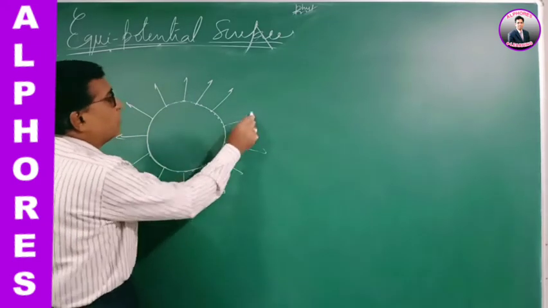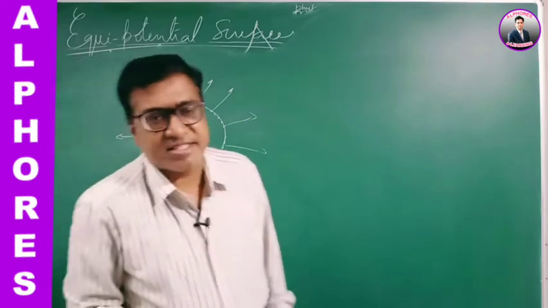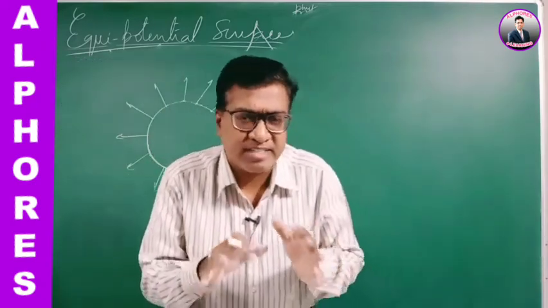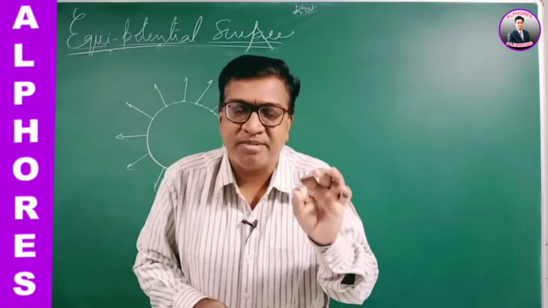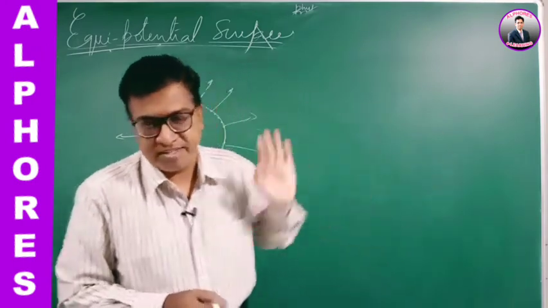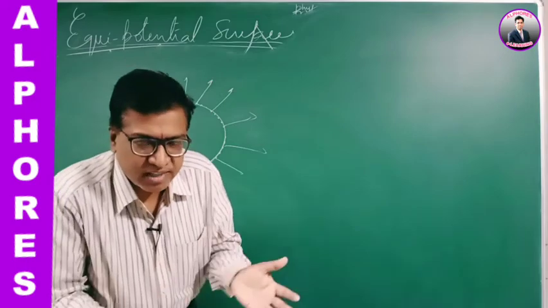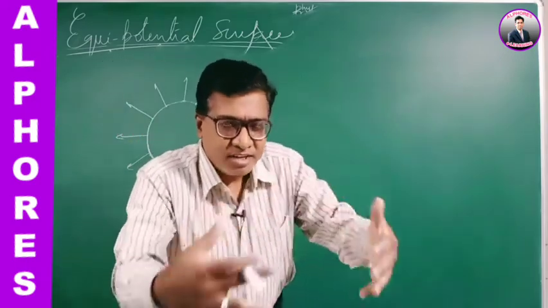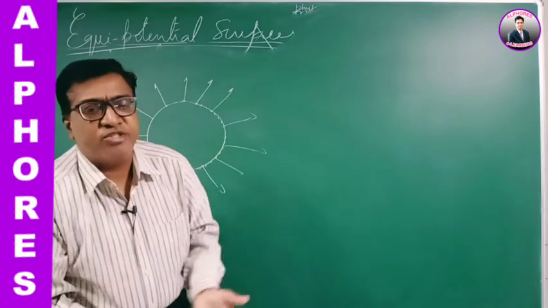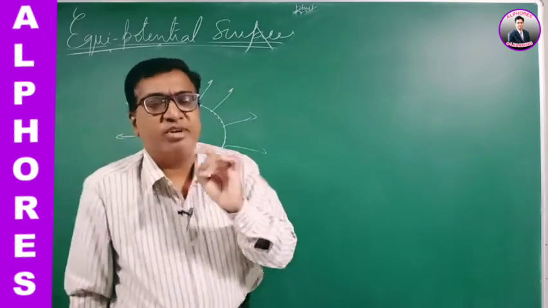So the locus of all the points in the electric field where the potential is the same is termed an equipotential surface. When I combine all those points together, that is an equipotential surface.